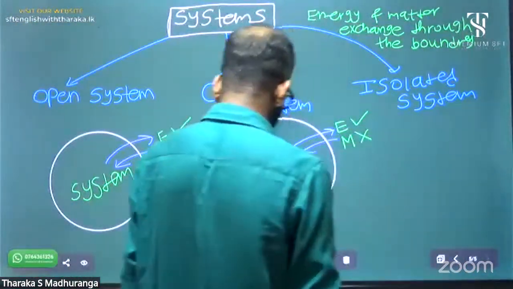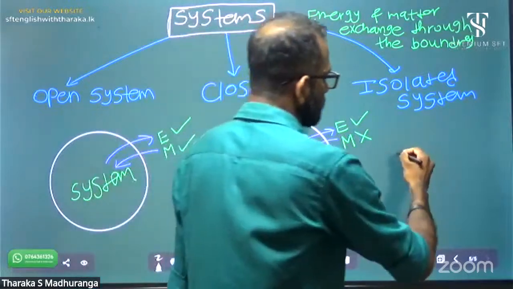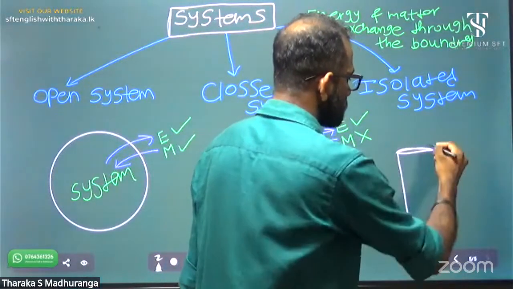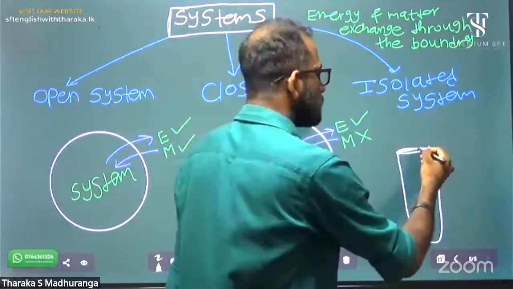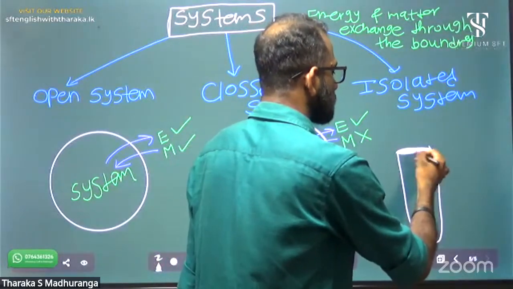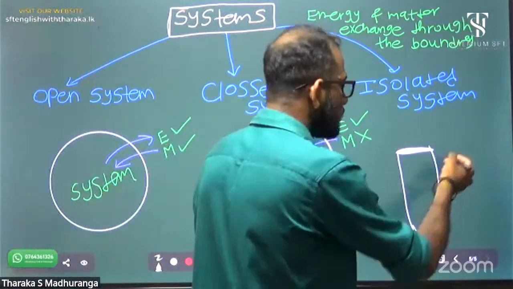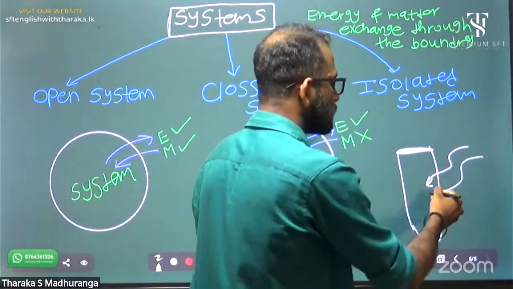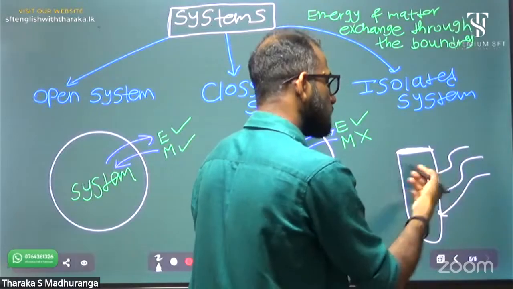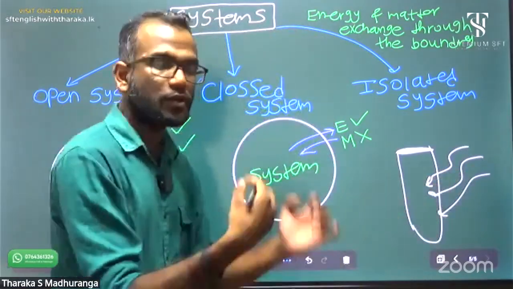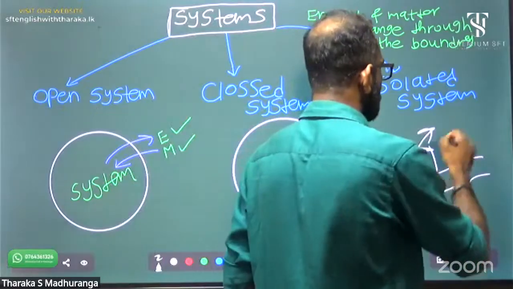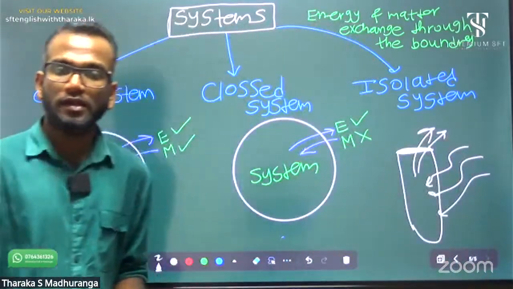Think it is a test tube. Now it is sealed. Only energy is flowing through this glass layer, but no matter exchange. The produced gas is not releasing, right? It is a closed system.